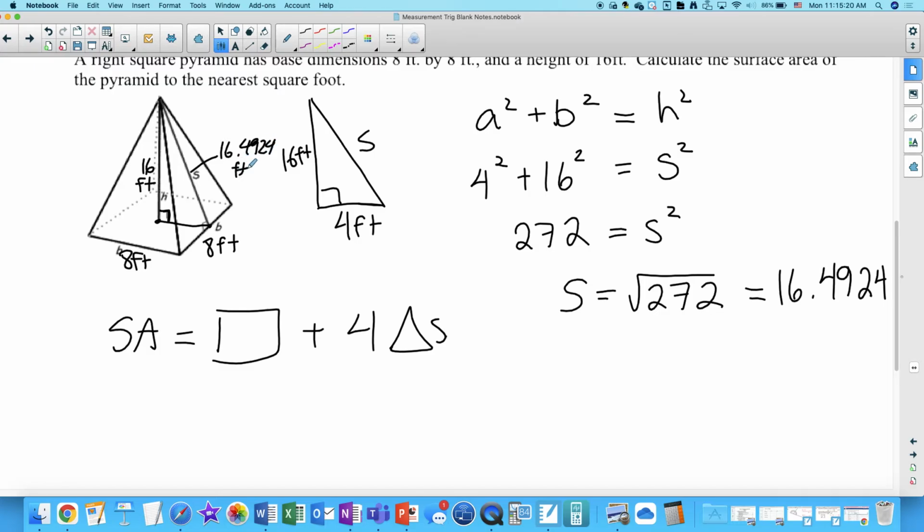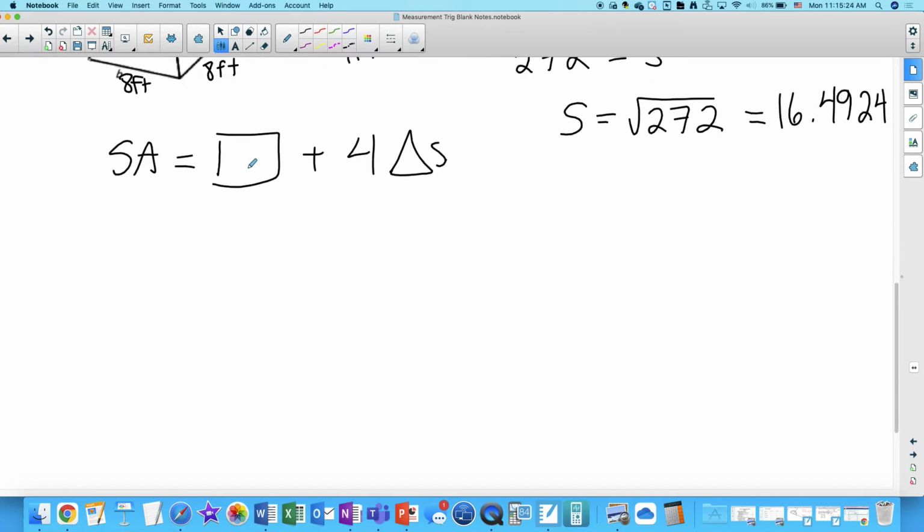Okay, so for the square, we're looking at 8 times 8. And the 4 triangles, we're looking at 4 times, base is still 8. The height is that slant height, 16.4924 over 2.